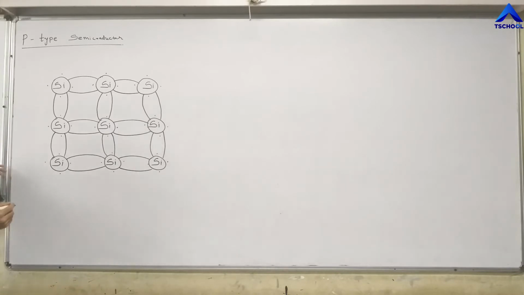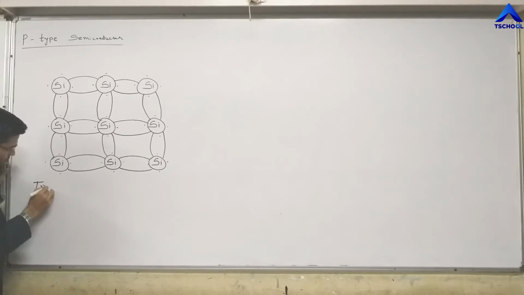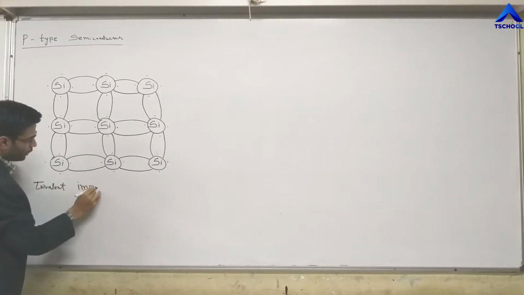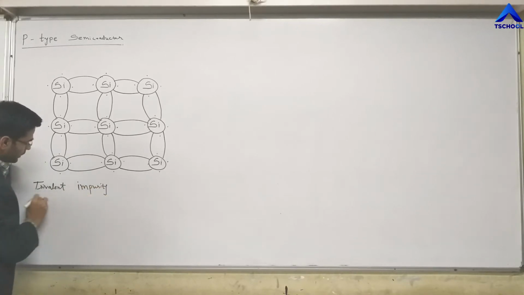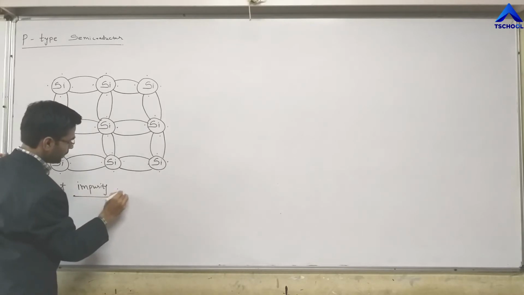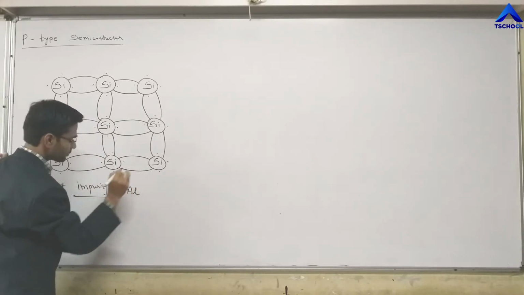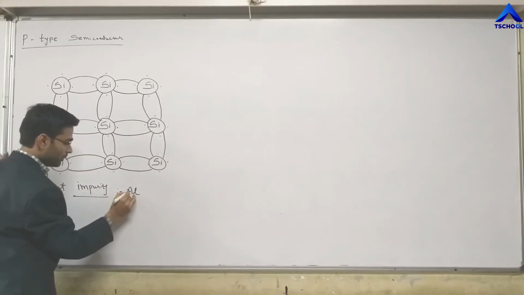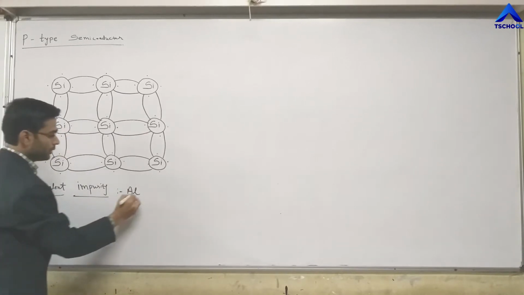Trivalent impurities, like aluminum. We know that the atomic number of aluminum is 13.